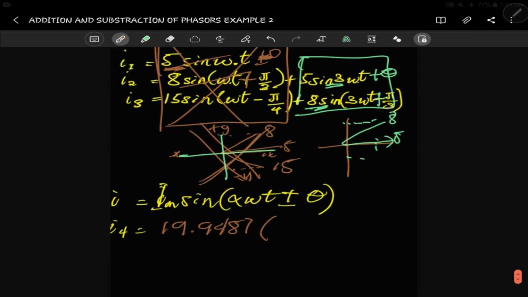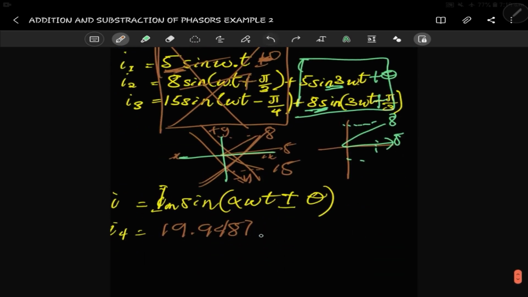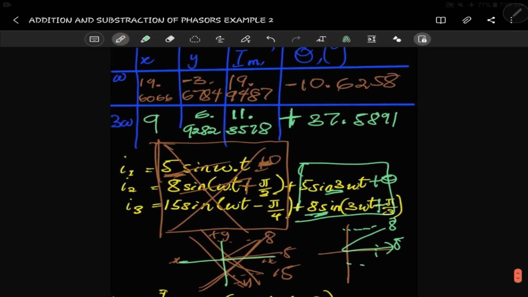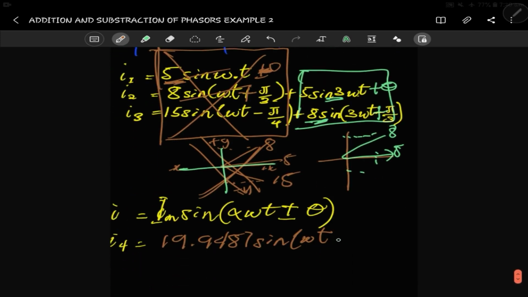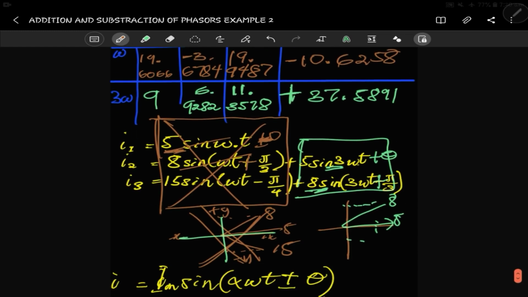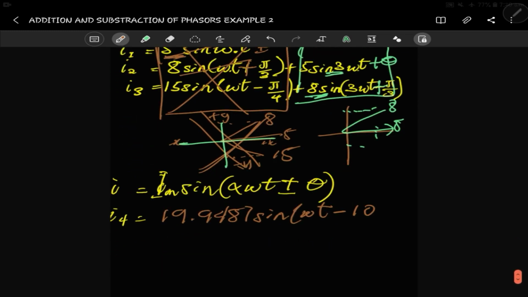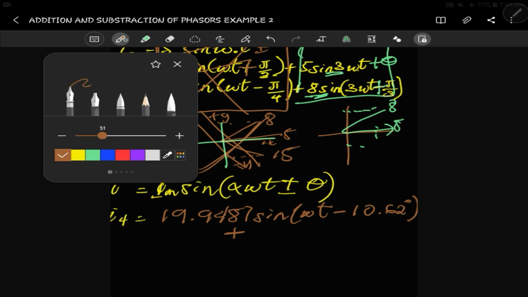And that one is still sine, the sine wave. For that one, the frequency is just WT. And then looking at this, the phase shift is lagging. So that's a minus, straightforward. Minus 10.62 degrees, right? Plus, so we have a plus here.